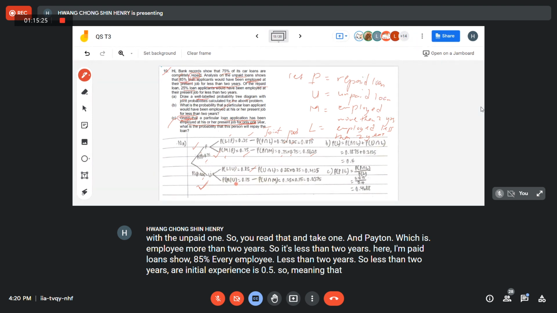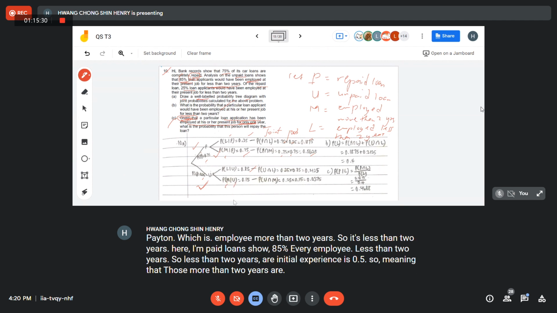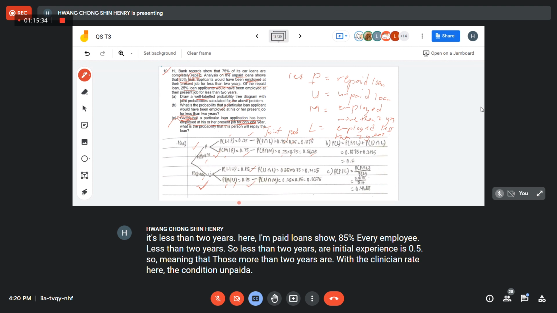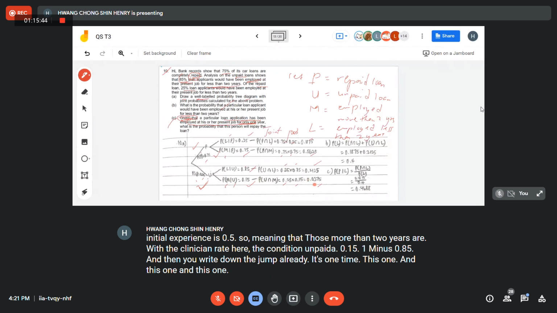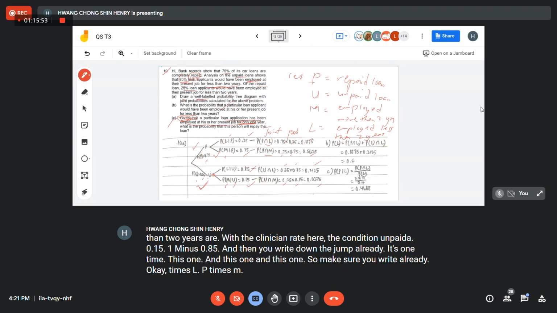So those more than 2 years, with the condition unpaid, is 0.15, 1 minus 0.85. And then you write down the joint probability, this one times this one, and this one times this one. So make sure you write correctly: P times L, P times M, U times L, U times M.